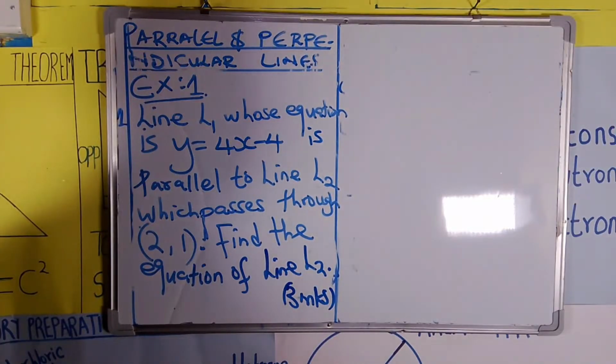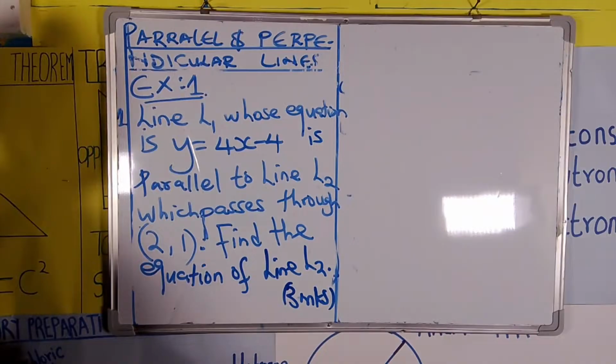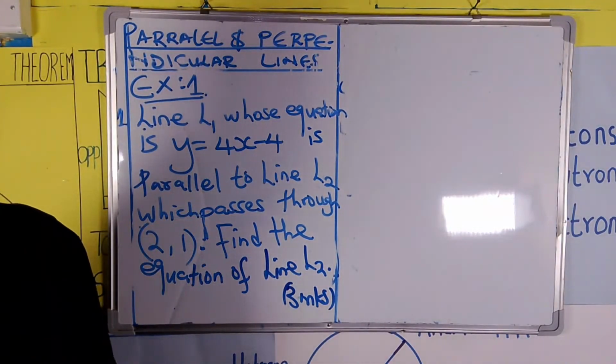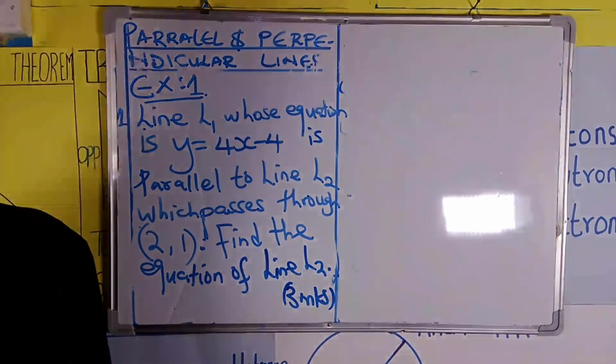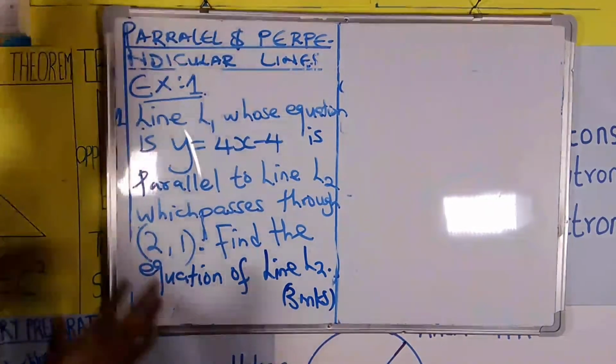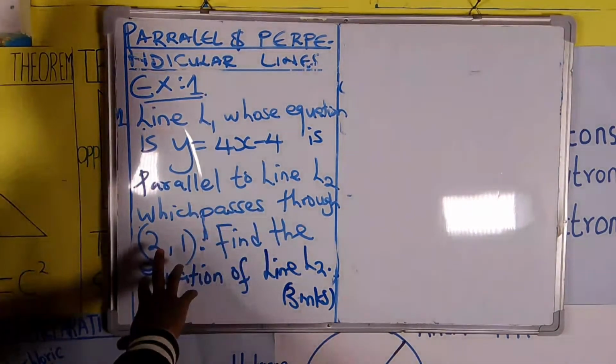So we've been told line L1 whose equation is y is equal to 4x minus 4 is parallel to line 2 which passes through (2, 1).